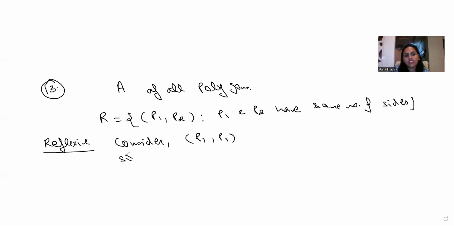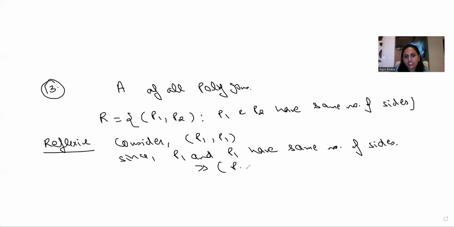So we will write since P1 and P1 have same number of sides, this implies P1 comma P1 belongs to R for all P1 that belongs to A, and therefore we can say that the relation is reflexive.